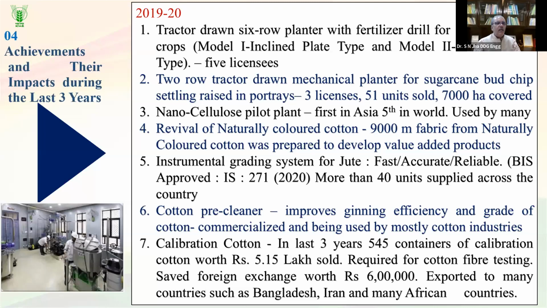Then achievements, a few of which I have enumerated here. The tractor drawn 6-row planter with fertilizer drill for millet and multi-crop; I have deliberately kept millet because we are going to celebrate it here. 5 licenses are there and these machines are being sold very vigorously. The 2-row tractor drawn mechanical planter for sugarcane has 3 licenses, 51 units have been sold and around 7,000 hectares have been covered.